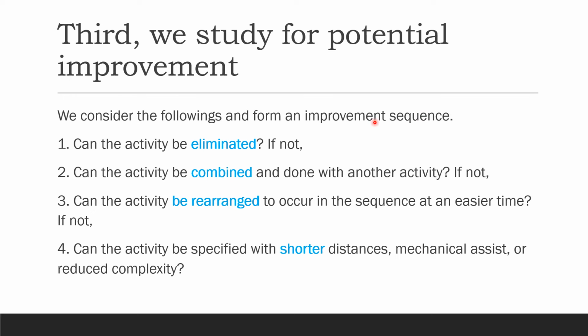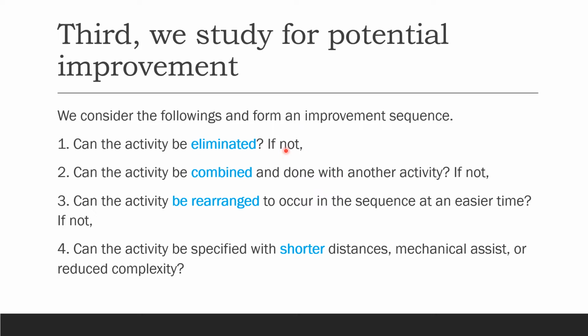Alright, next one, the third one. We're going to study potential improvement. How do we do that? We're going to consider 1 all the way to 4. After we consider the form, group, and sequence, what do we consider? We think, can this activity be eliminated?